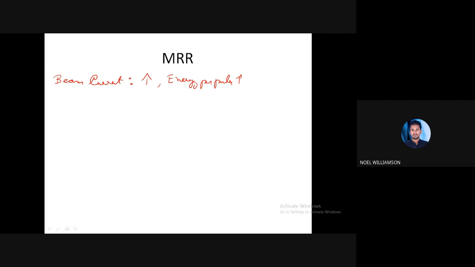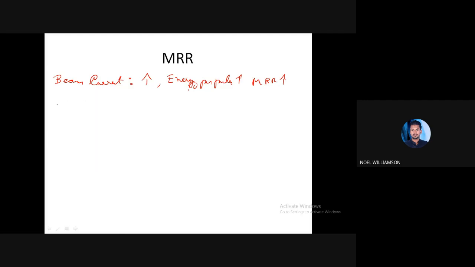So as the energy per pulse is increased, more and more metal will be melted and vaporized. So the material removal rate also increases.